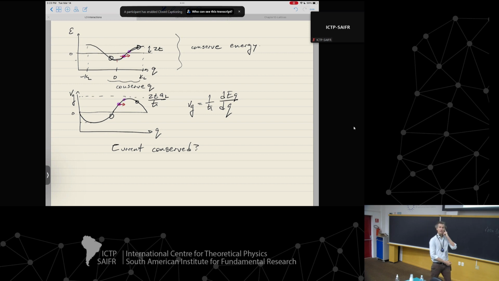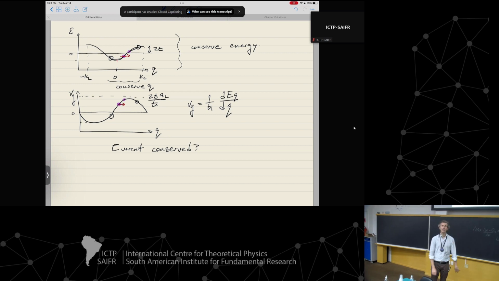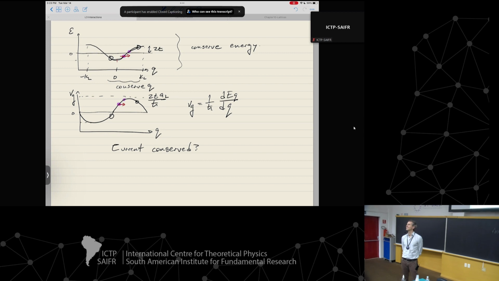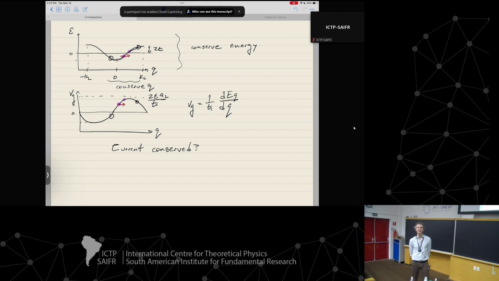But in this case, group velocity and quasi-momentum are not related by a line with slope mass, right? So it's instead a sinusoidal relation between velocity and momentum. So now if I have a scattering event, even if it does conserve quasi-momentum, does it conserve group velocity?